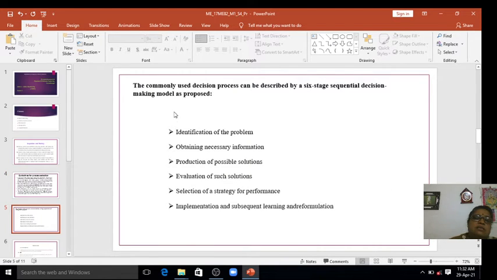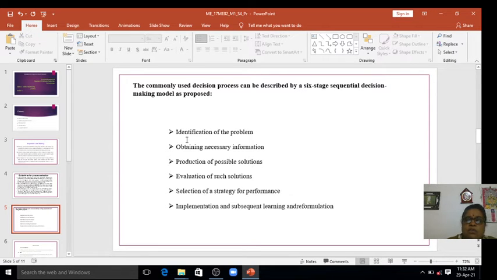The next concept is the commonly used decision process, which can be described by a 6-stage sequential decision making model. One is identification of the problem. We have to identify the problem, then get the necessary data related to the problem, like conference or journal papers and literature from previous studies.